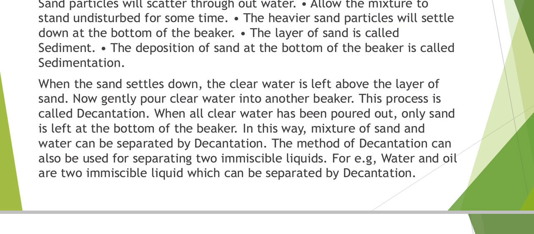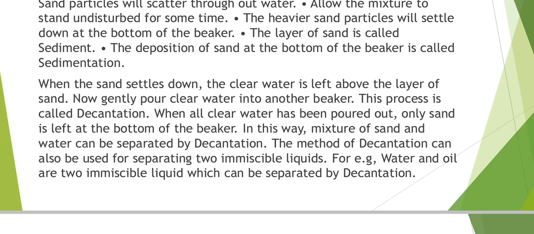Now gently, carefully pour the clear water into another beaker. This process is called decantation. When all the clear water has been poured out, only sand is left at the bottom of the beaker. In this way, you can separate a mixture of sand and water by decantation.